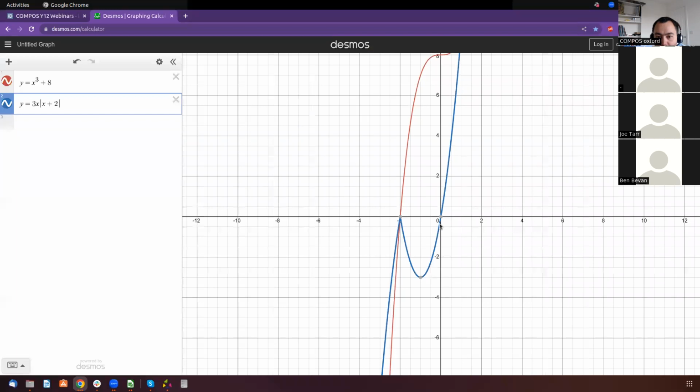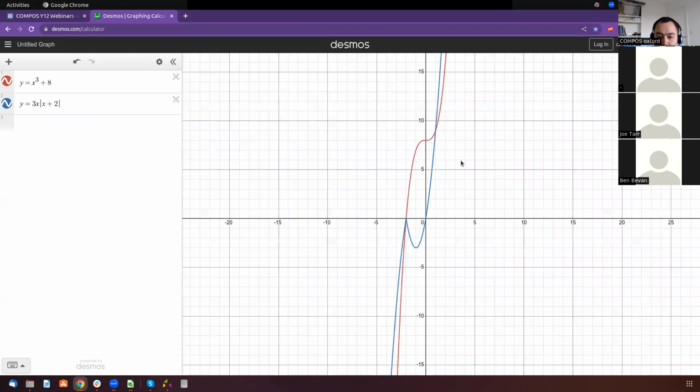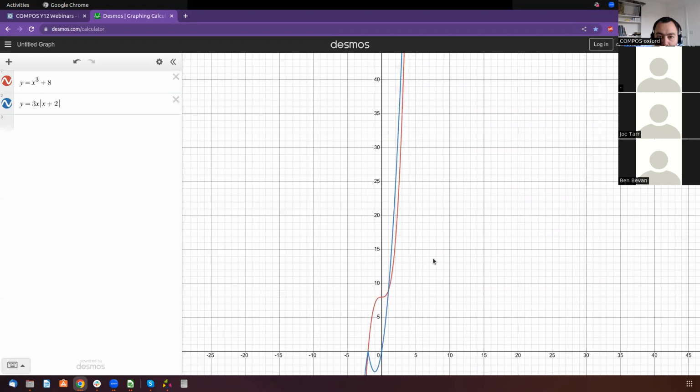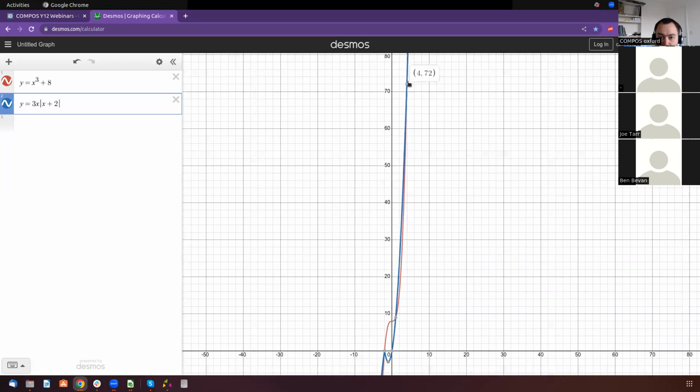Yes, so you can see where they intersect. They intersect at -2, 1, and again at 4.